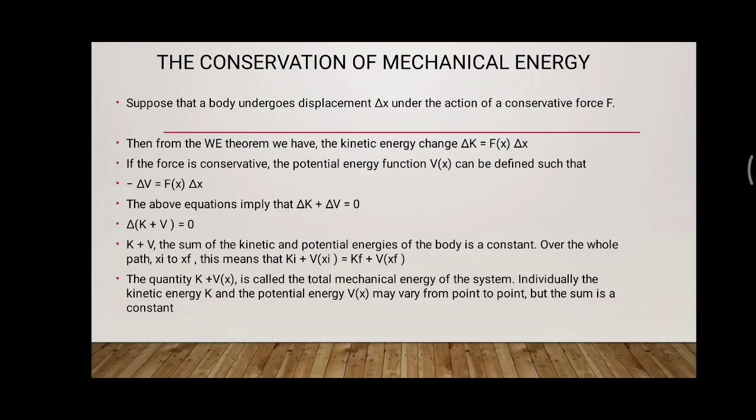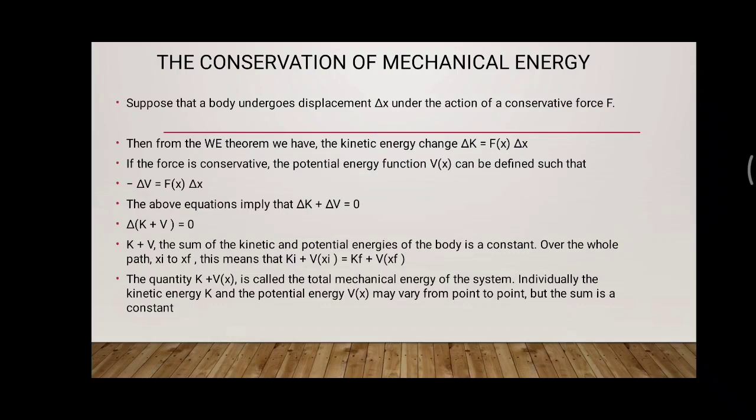So you can see F of x delta x is the same on the RHS, but on the LHS we have delta K and minus delta V. That means delta K and minus delta V are equal in magnitude, but a negative sign should be there in the case of delta V.